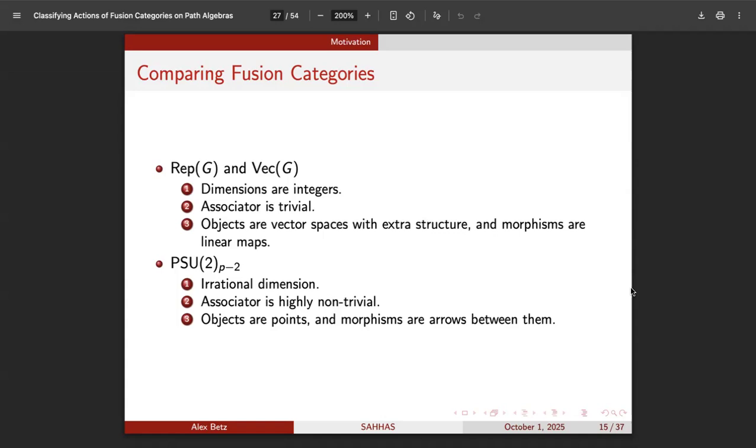But you can think of the objects as points, and the morphisms as arrows between these points. So the top example is the one you expect to be fusion categories and is nice to work with, and a lot of the juicy, interesting fusion category theory comes from these abstract ones that aren't Rep G or Vec G.